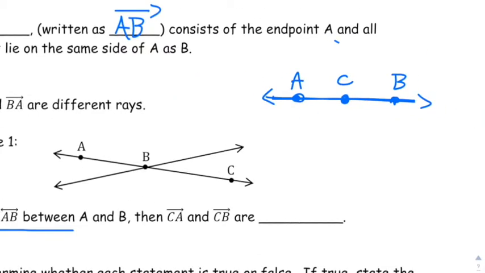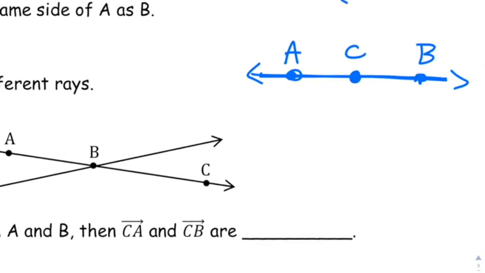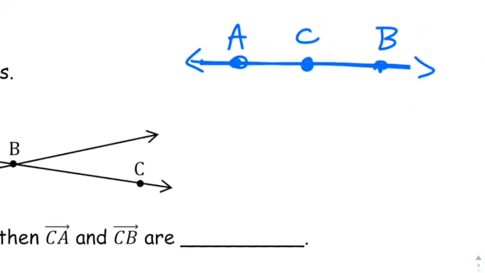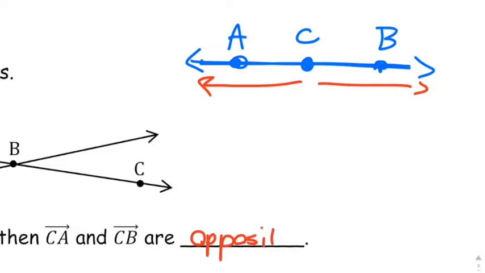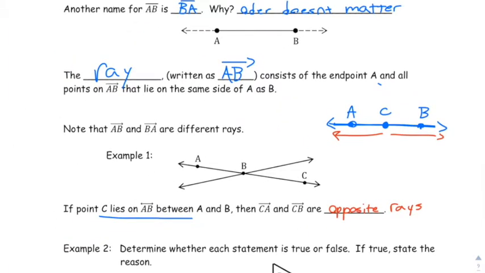That's why the picture kind of throws us off. So CA and CB, we consider these opposite rays. So there's your picture for that.